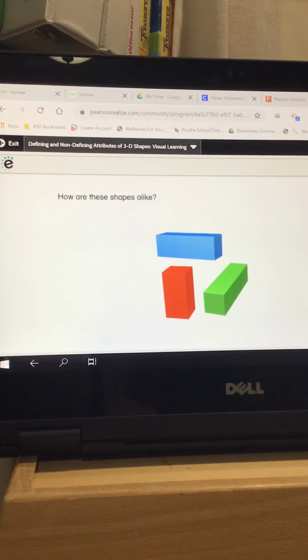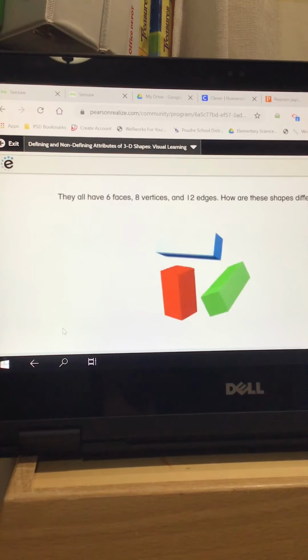So these are all rectangular prisms. They all have 6 faces, 8 vertices, and 12 edges.